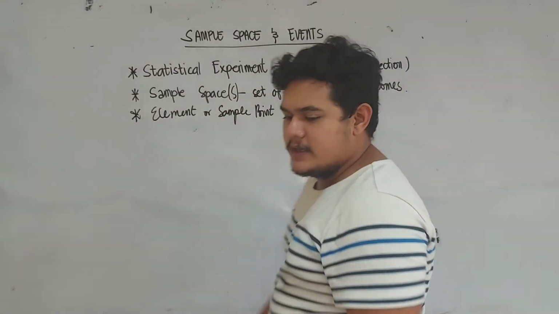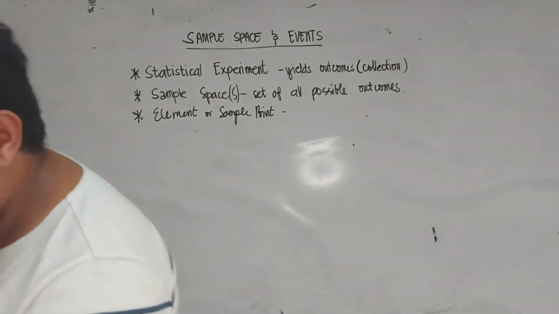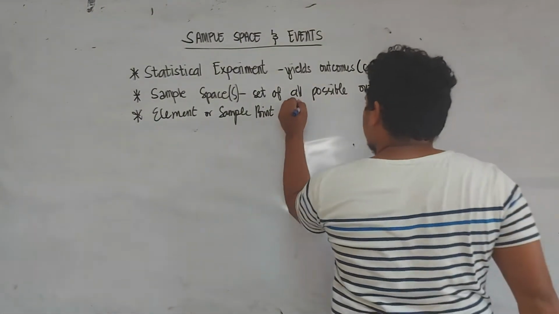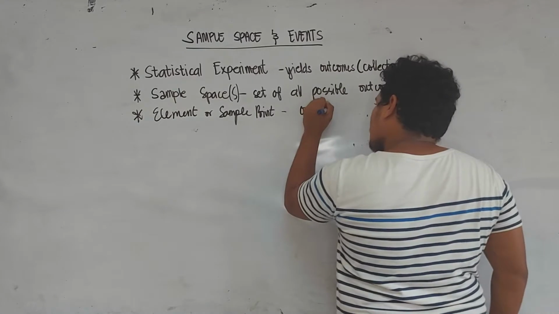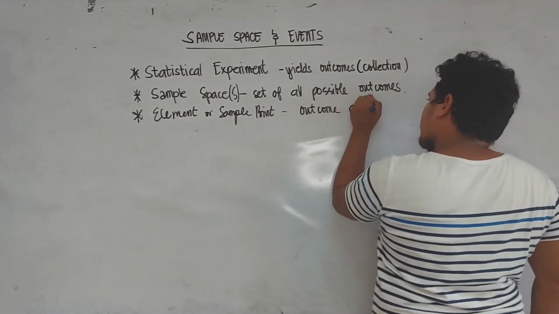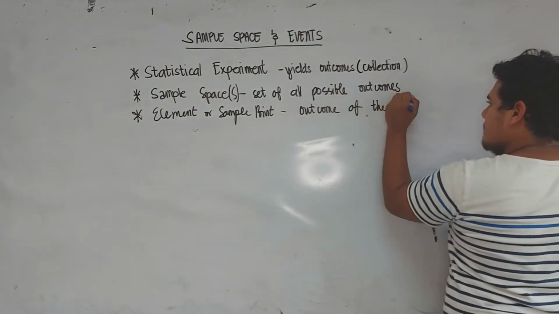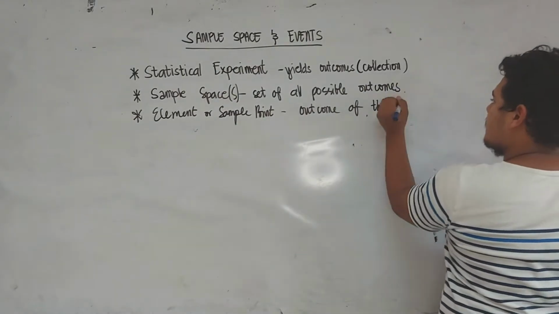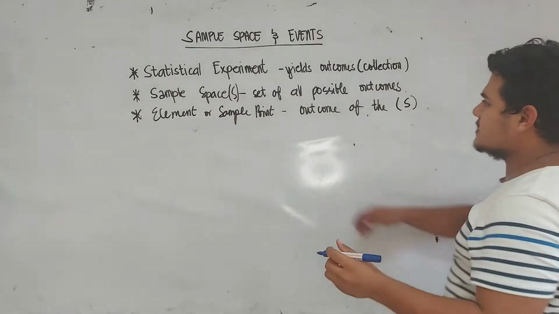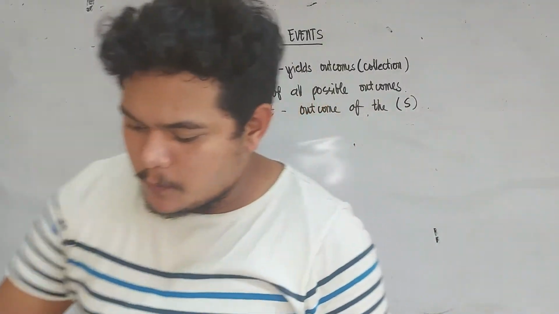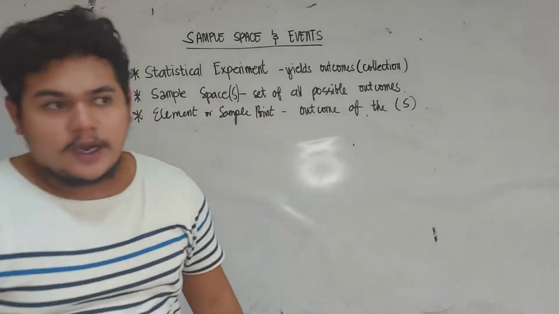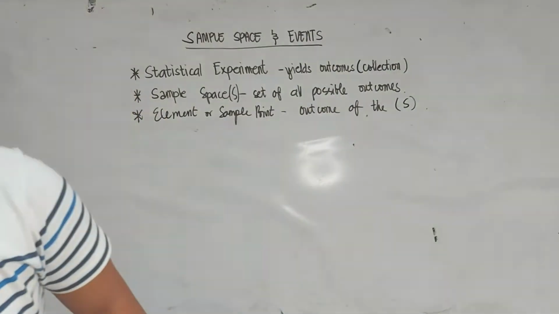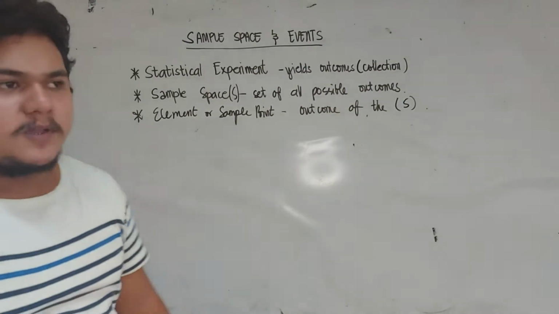An element or a sample point is the outcome of the sample space S. When we say element or sample point, it is what we call the outcome of a sample space.